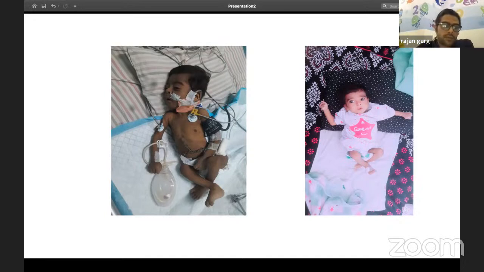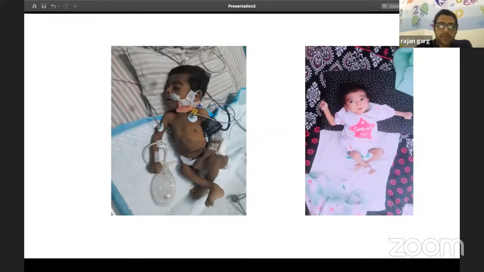So this patient is also a case of biliary atresia, but this patient could not undergo Kasai because he was late for the operation. That is why he was transplanted a little earlier. This was one of the babies who was transplanted when he was 4.7 kilos only. This patient got discharged.